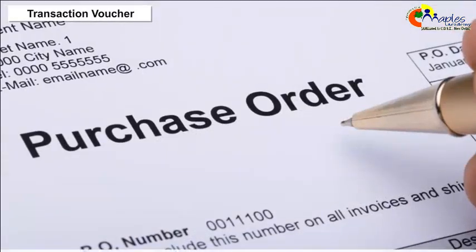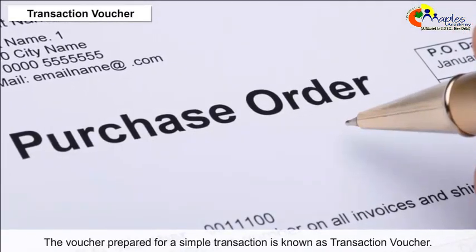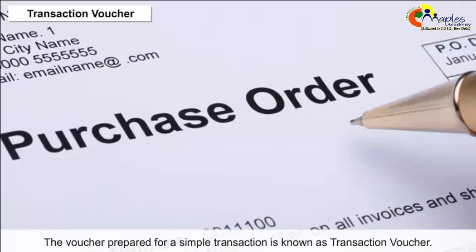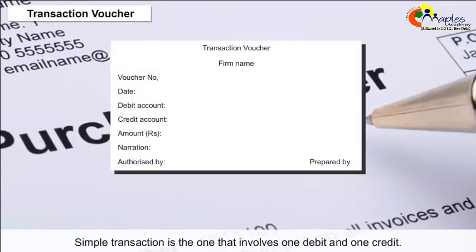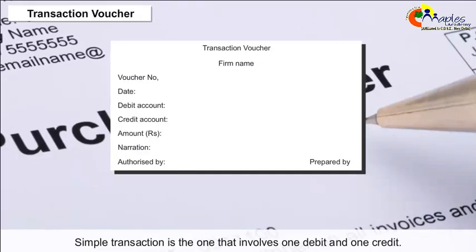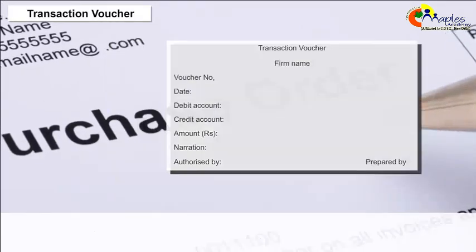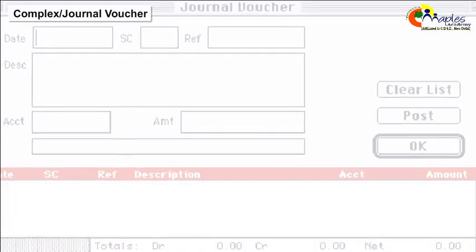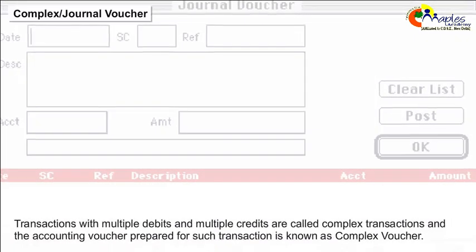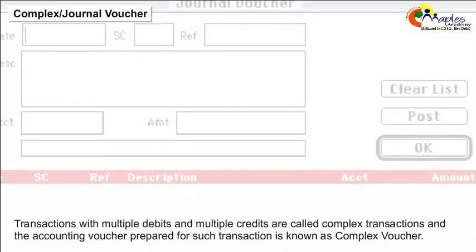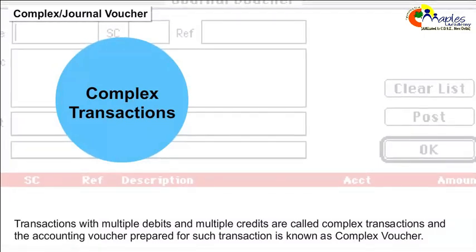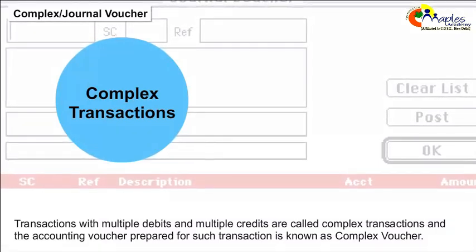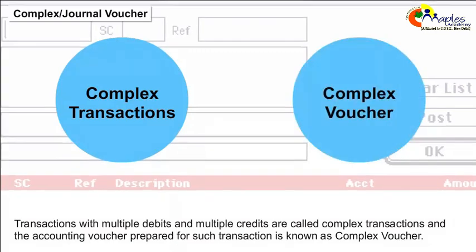Transaction voucher. The accounting voucher prepared for a simple transaction is known as a transaction voucher. A simple transaction is one that involves one debit and one credit. Complex or journal voucher: transactions with multiple debits and multiple credits are called complex transactions, and the accounting voucher prepared for such a transaction is known as a complex voucher.